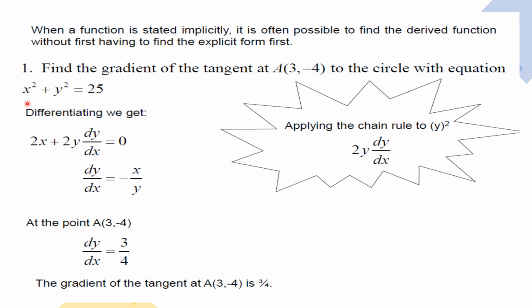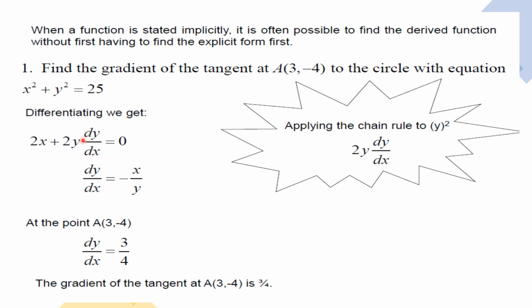As usual, when you differentiate x squared, you get 2x. When you differentiate y squared, just pay attention, it becomes 2y. You bring the 2 in front, copy the y, 2 minus 1 is 1. And then because you are differentiating y, you need to add a dy dx.